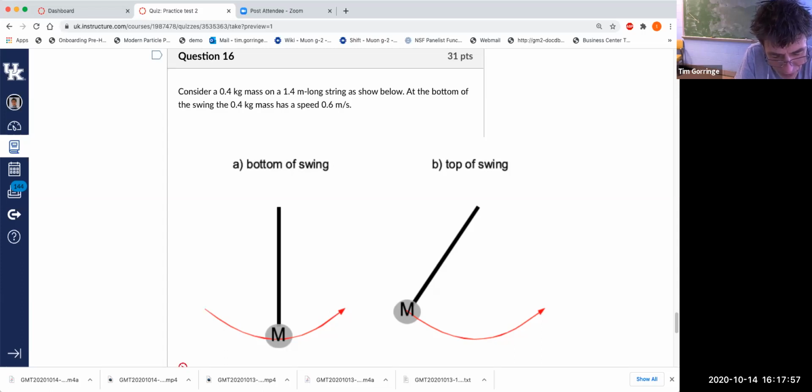We're told that at the bottom of the swing, the speed is 0.6 meters per second, and that the swinging mass is 0.4 kilograms. So that's the information we're given: the length of the string, the mass of the swinging object, and the speed of the swinging object. Those are the things we know.